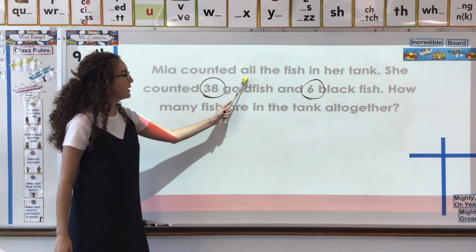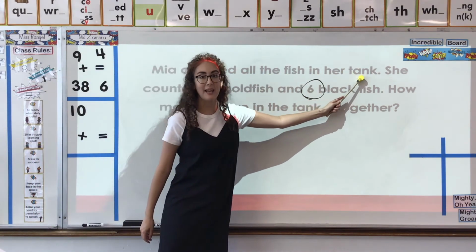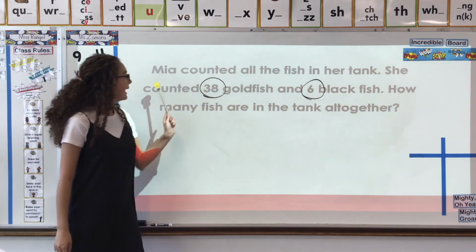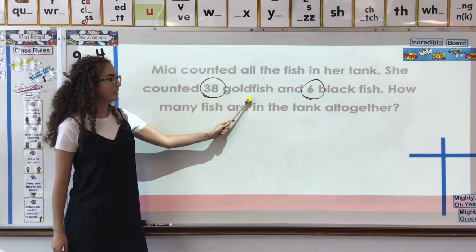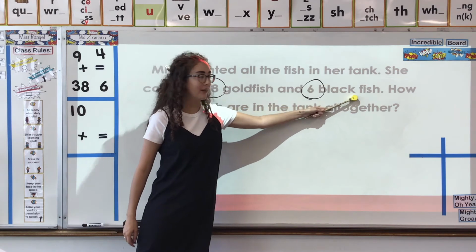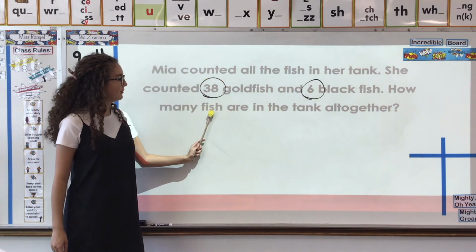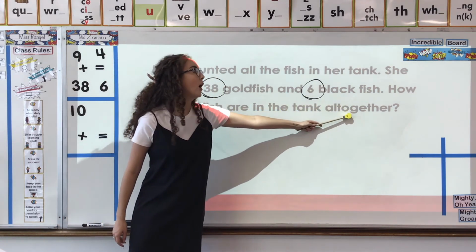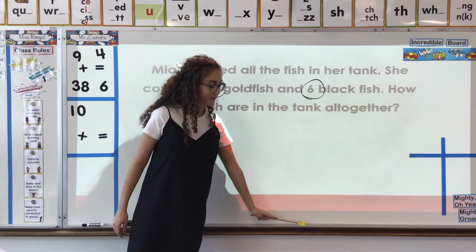Mia counted all the fish in her tank. She counted 38 goldfish and 6 blackfish. How many fish are in the tank all together?